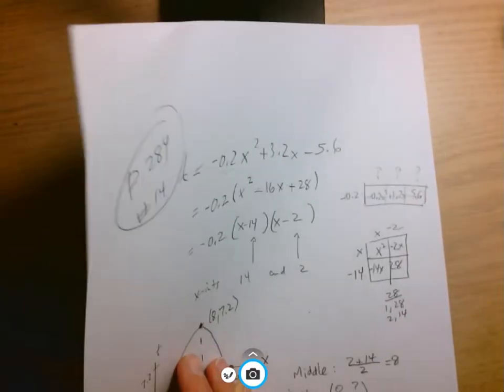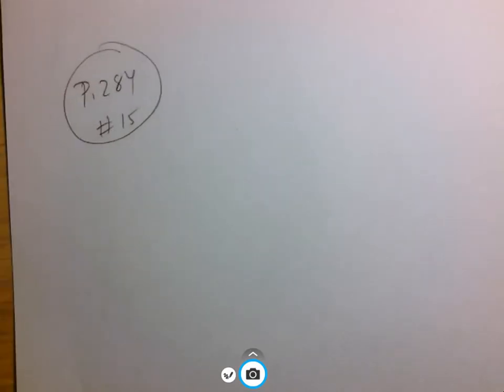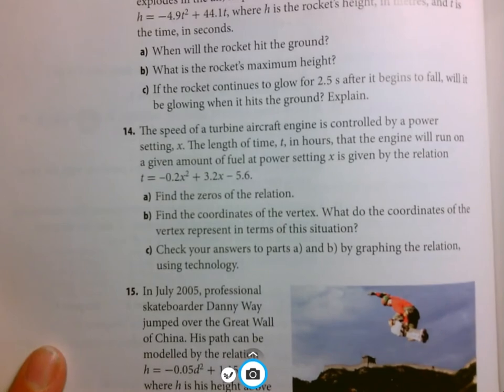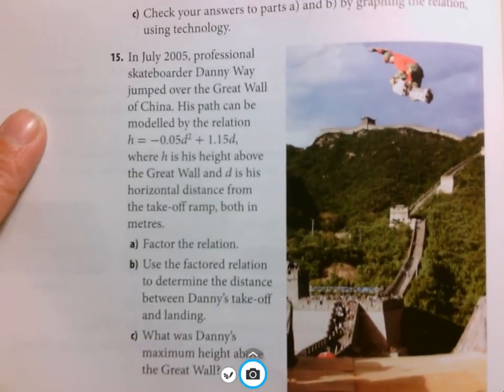Okay, and then the next question is number 15. So same page, 284, but this time it's number 15, and it says, professional skateboarder Danny Way jumped over the Great Wall of China.